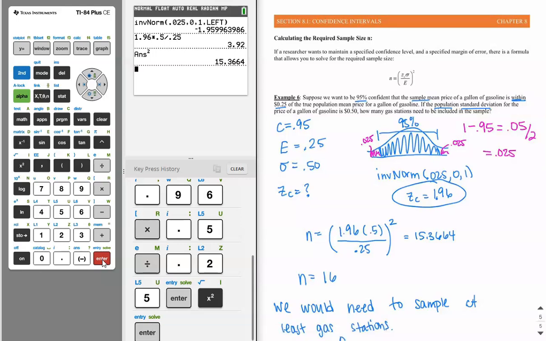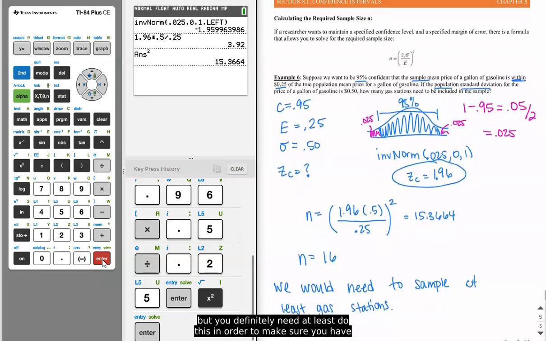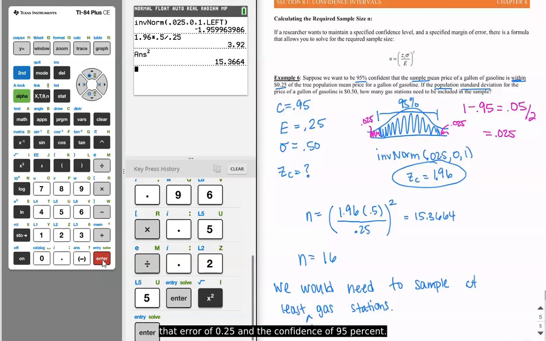So here, let me write it in here. At least 16 gas stations. You could do more, but you definitely need to at least do this in order to make sure you have that error of 0.25 and the confidence of 95%. Okay, so that's how we would calculate our required sample size.